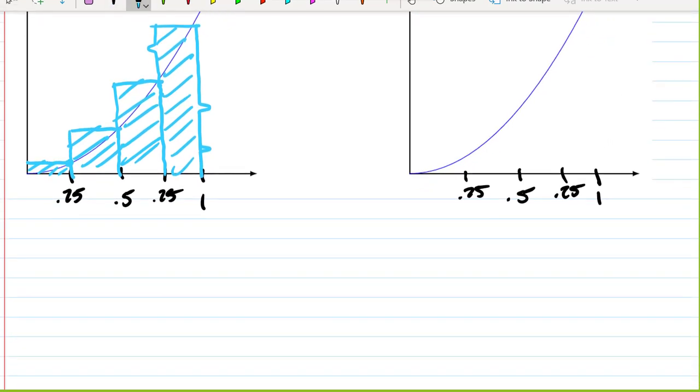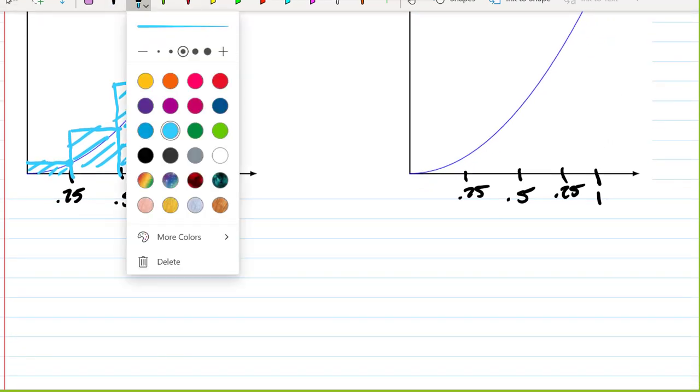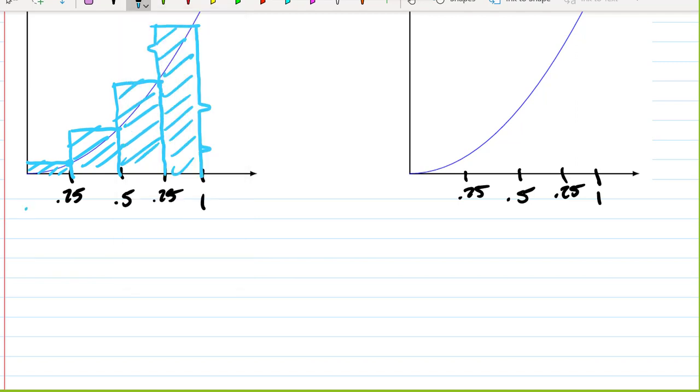So a couple of things we are going to take note of. Well, what is the width or the base of each of these rectangles? Well, each of them has width 1/4, right? This is 1/4, and this is 1/4. So we have 4 rectangles, all with base 1/4.